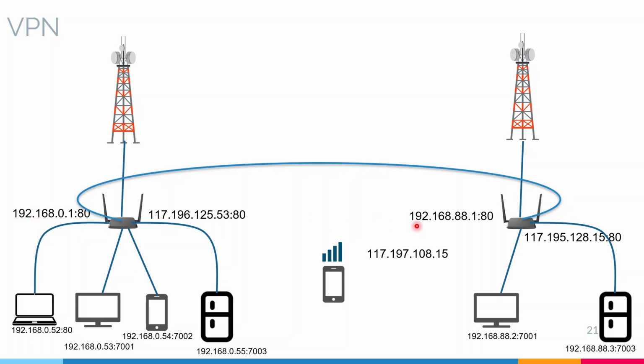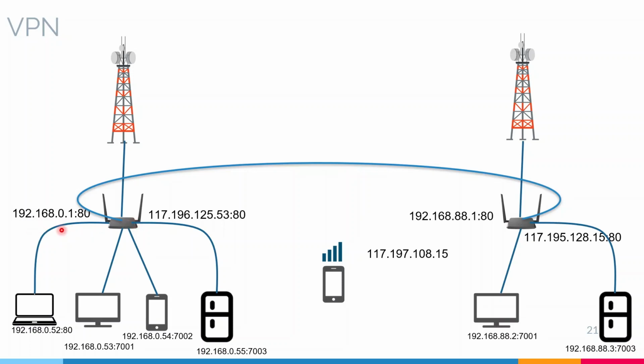Let me keep this as 192.168.0.56. So it's 54, this becomes 56. But this one has the same IP address as this smart TV in the home network, so it has 53. Now if this guy enters 53, it will reach this smart TV and not that smart TV. So this is the problem with IP overlapping.